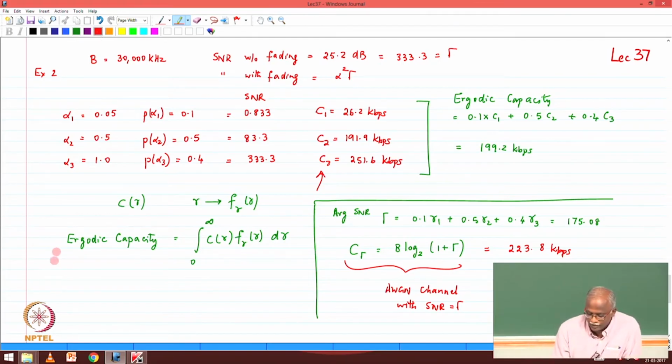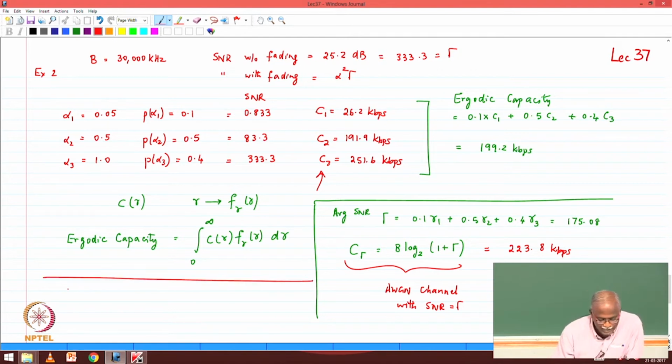The other way that we would make this statement would be as follows. At least in this particular example, what we have found is that the expected value of the capacity is B log base 2 of (1 plus gamma). That's ergodic capacity.